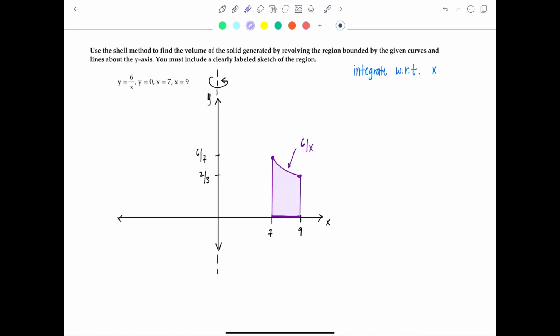And then we're spinning around the y-axis, so let me just reflect all of this over here. It's going to look something like this. Swoop down, here you go. That's the reflected region. And then you can add some dimension, should you wish to.